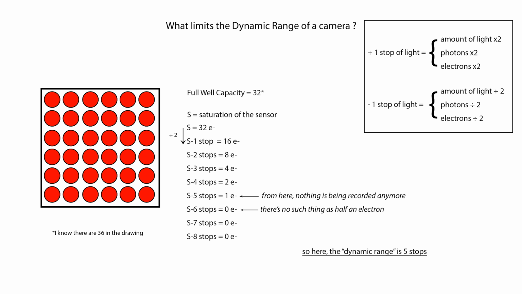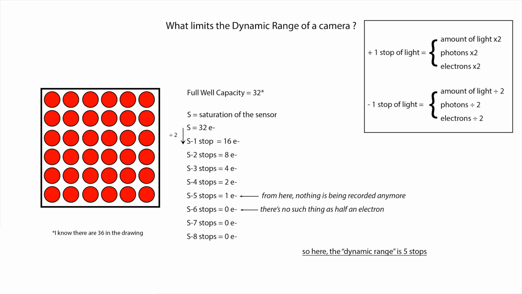One important thing to consider here is that we are working in a discrete space, and photons and electrons are integer values. You can't have half an electron, nor a quarter of a photon. And that very fact leads to a limitation of dynamic range. One object that would be 5 stops darker than the first white object would only free up 1 electron.